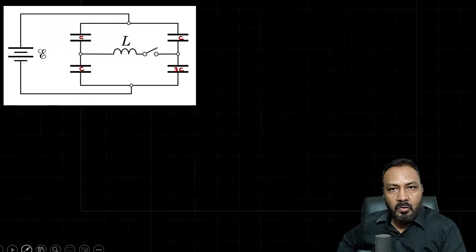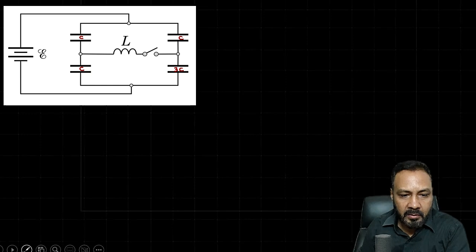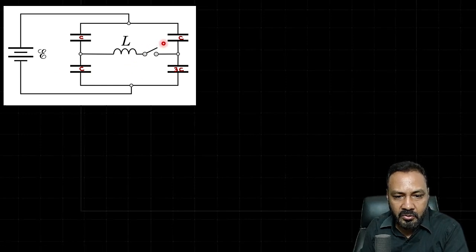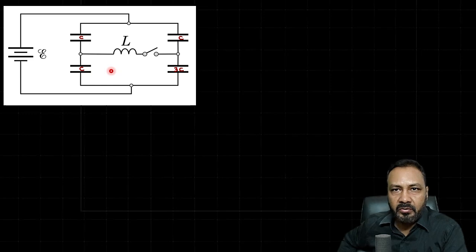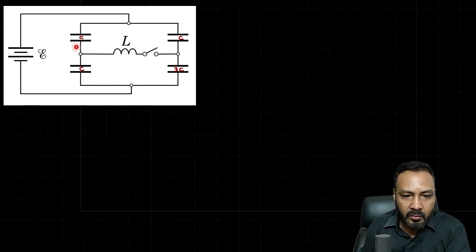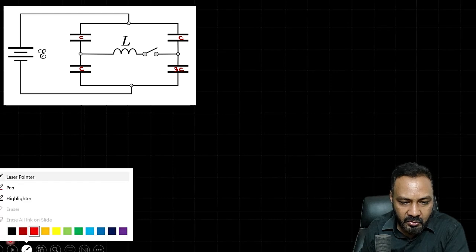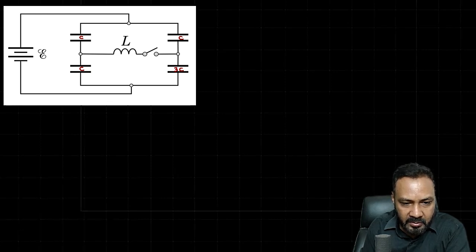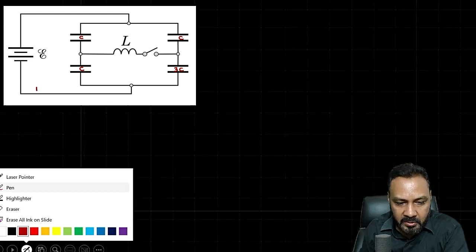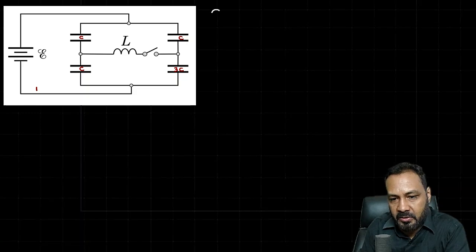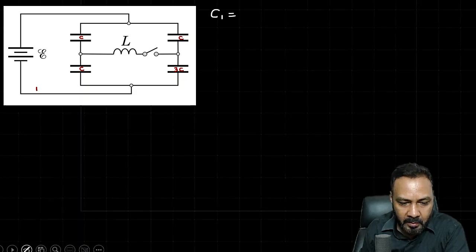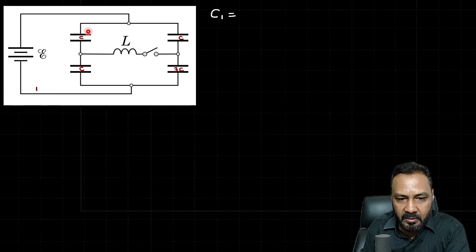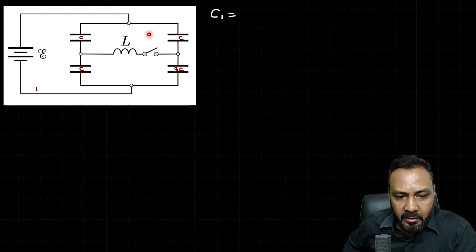Alright. So this is the situation in the beginning. The switch S is open. Now for this combination, how much is the charge given by this battery, and before that, what is the equivalent C of the system. Let me say that this state is state 1. For this state, equivalent capacitance is say C1. You can see that this is an open thing. There is nothing here because the inductor is not connected.